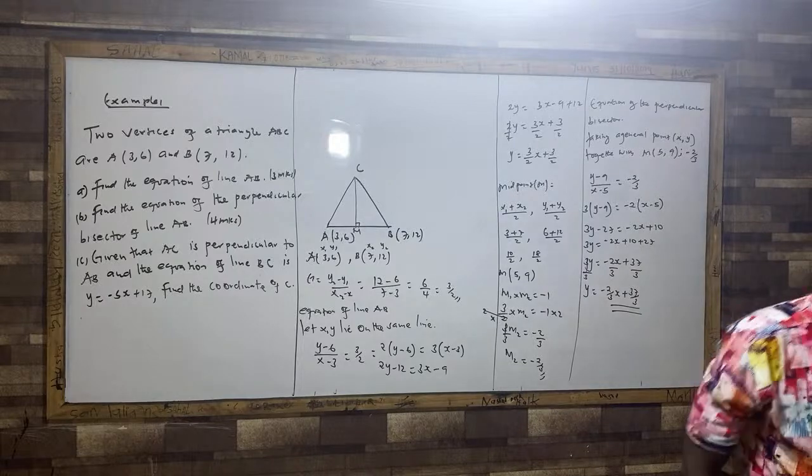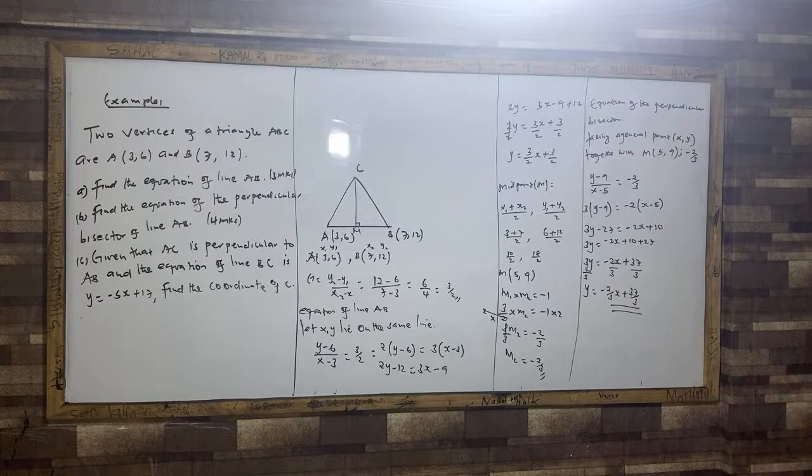Given that AC is perpendicular to AB, and the equation of BC is this one, find the coordinates of C.